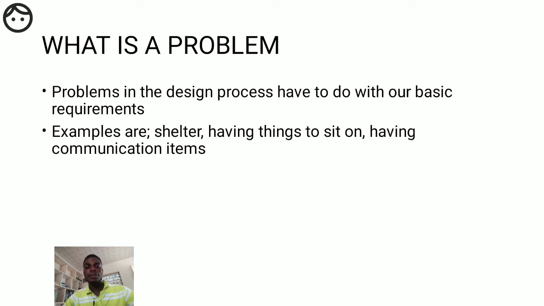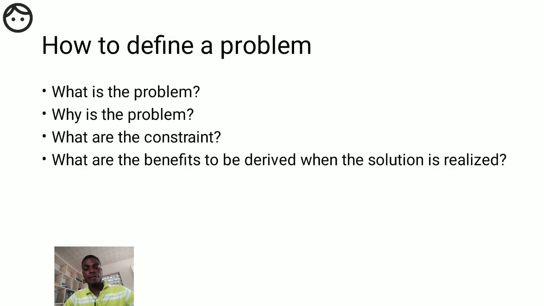Examples of these problems may be shelter, having things to sit on. For example, some of us in our kitchens may not have what we call a kitchen stool to sit on whenever we are cooking. It's a problem in the kitchen which needs to be solved. There are various problems that exist in our various homes.